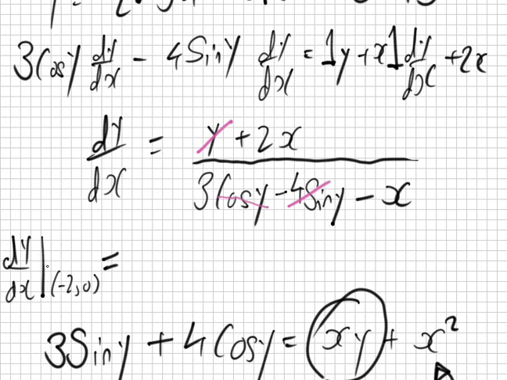So it's like the y is not important. So I have minus 4 over 3 minus minus 2. So 3 plus 2, 5. And at the second one, 2, 0, I get 4 over 1. So I get 4.